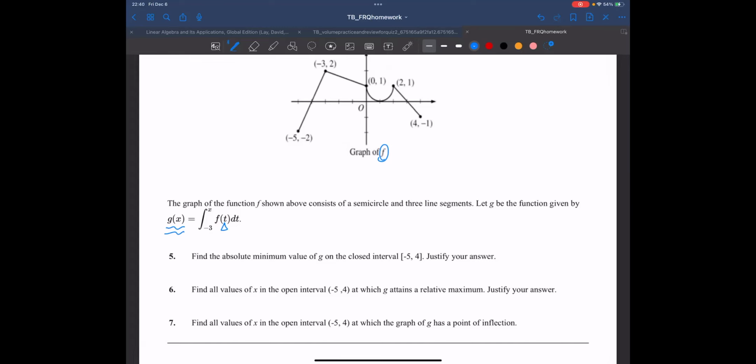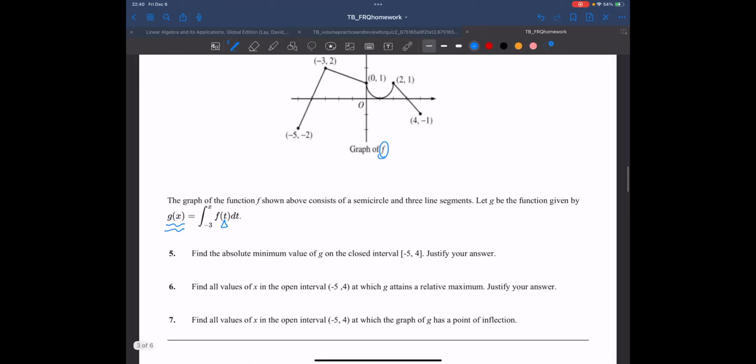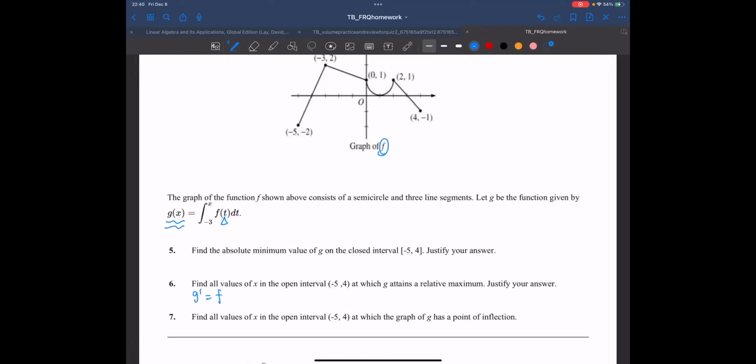Okay, first of all, we can see all values at which g attains a relative maximum. So what happens to g prime? G prime equals f, and it changes from positive to negative.